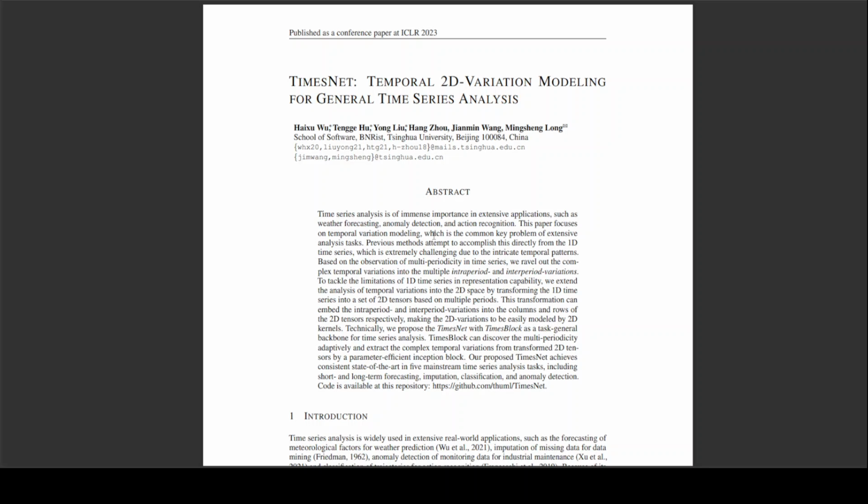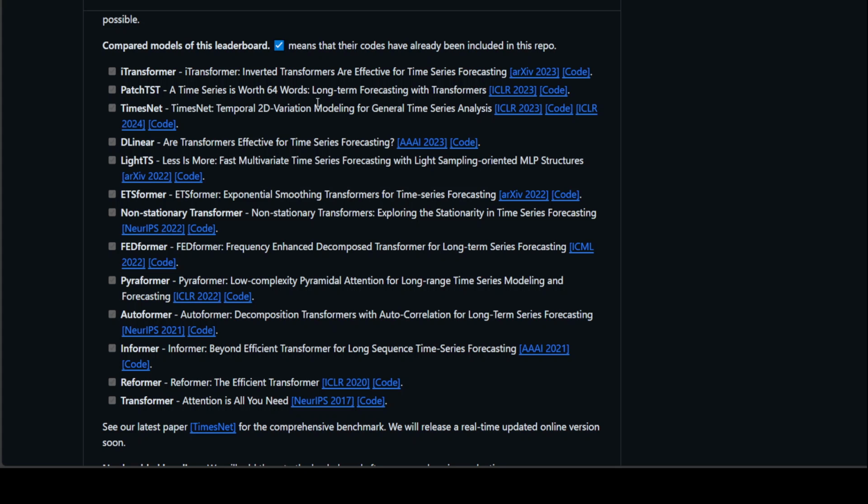Now, time series analysis is already being widely used in extensive real world applications, especially when it comes to general forecasting in meteorology. Now, they have proposed TimesNet, which achieves consistent state of the art in five mainstream time series analysis tasks, as I showed you here.